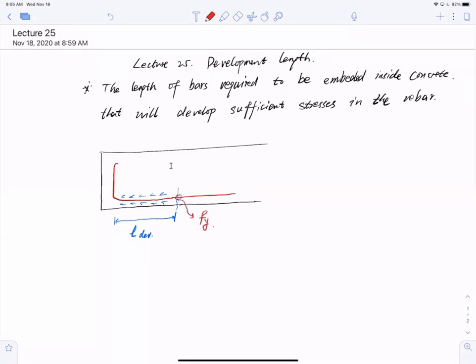That's the upshot of it. It's just sufficient length of the bars that you can develop enough stress in a bar to yield it. So this is the definition of development length.